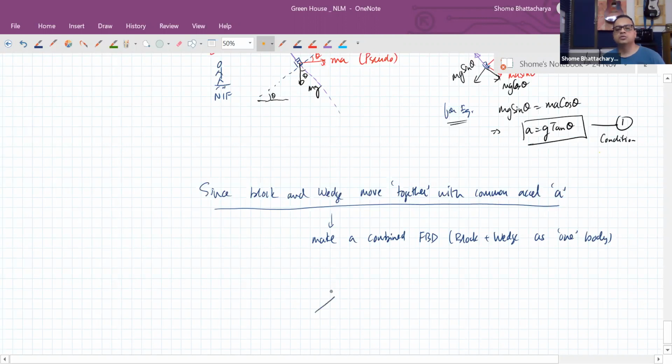Because that will make things very simple for us. We don't need to consider the normal reaction between the two, because that's no longer an external force.